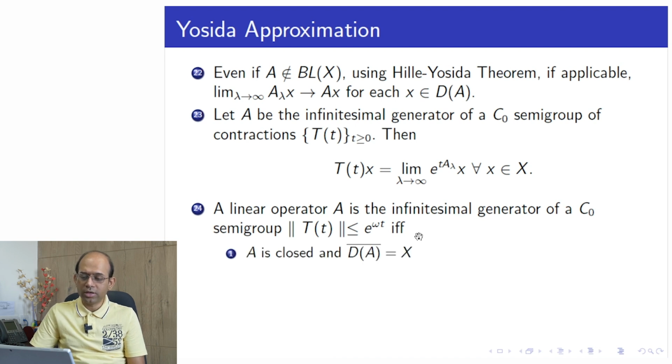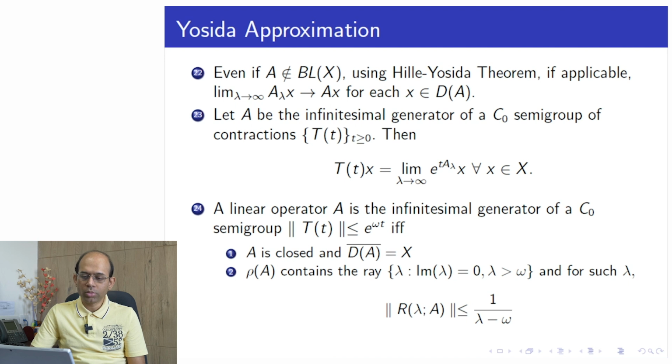The condition is that, as before, A is a closed linear operator, which means the graph of A is a closed subset in the product space, correct? So A is closed and A is densely defined, correct? The closure of the domain of A is the full space X.